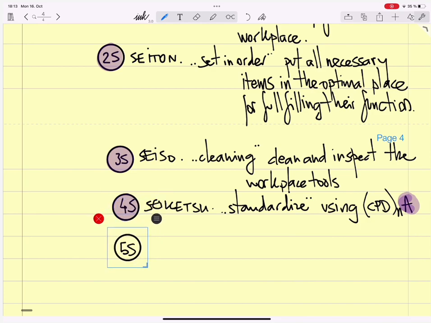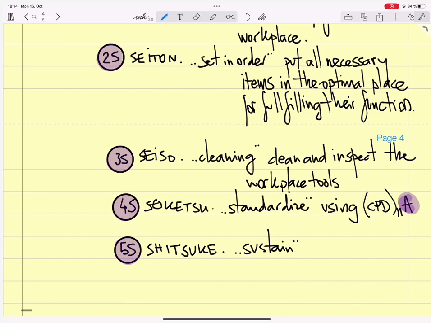And then the last, the fifth S, is shitsuke. This is the most difficult. This means sustain. This means the process of discipline, to keep the standard.